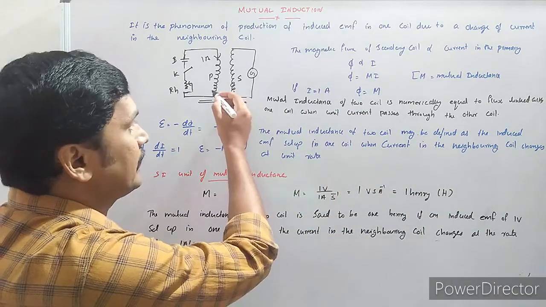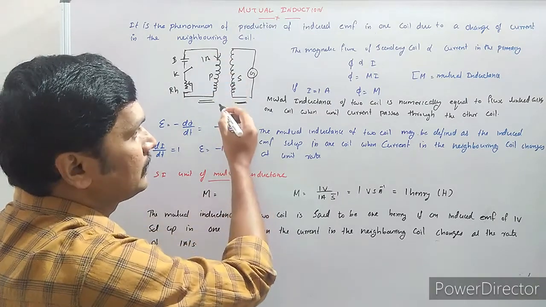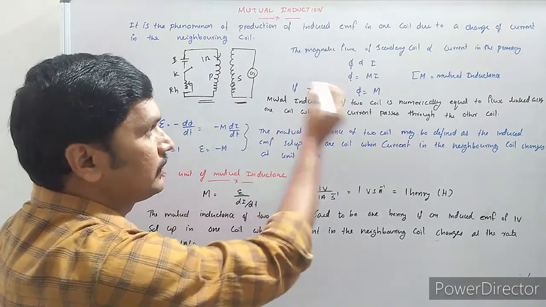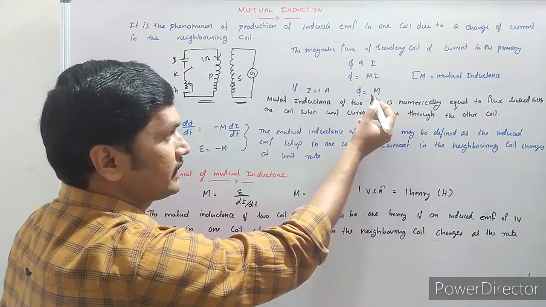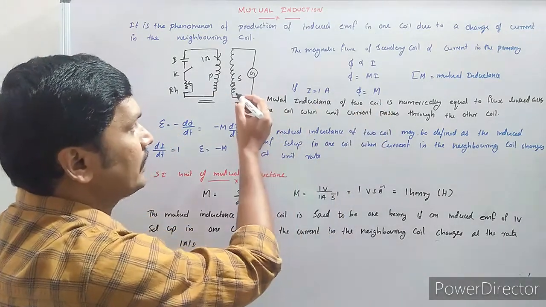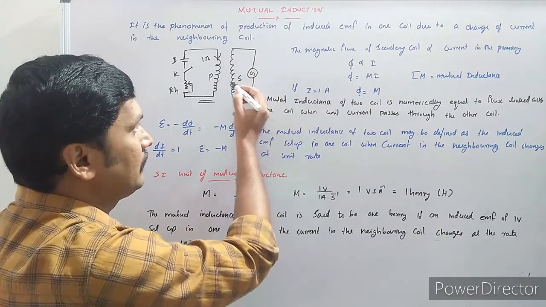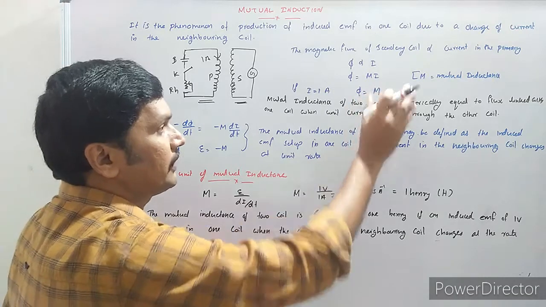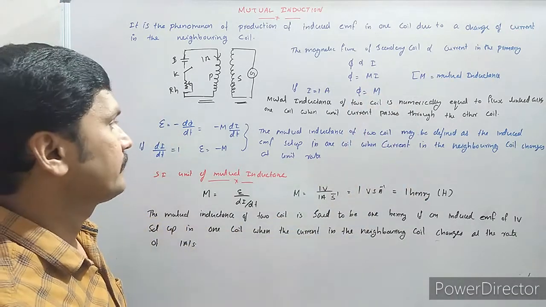That is, the mutual inductance is equal to the flux associated with the secondary coil when 1 ampere current is passing through the primary coil. That is the definition of mutual inductance.